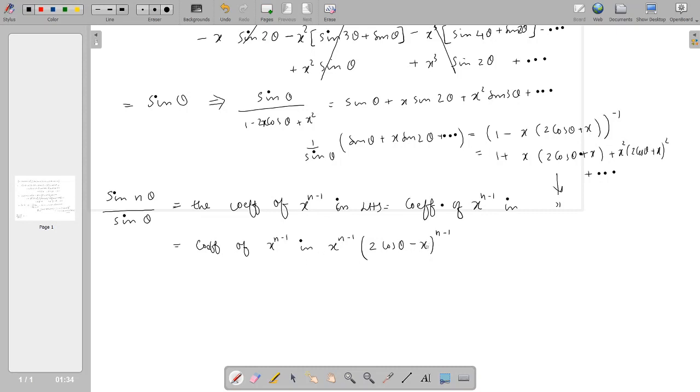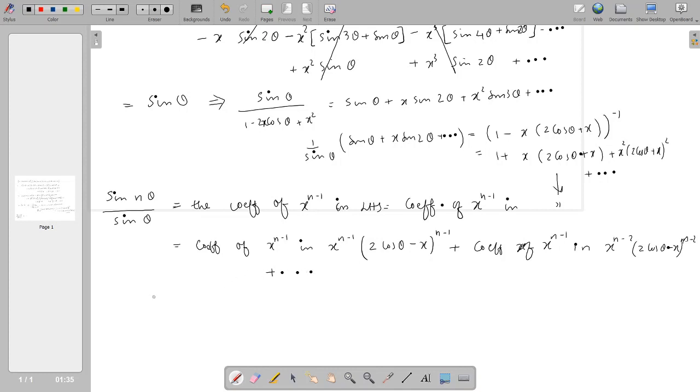Apart from this, you have the coefficient of x raised to n minus 1 in x raised to n minus 2 times 2 cos theta minus x raised to n minus 2. Okay, so plus etc. So this contains only a finite number of terms.